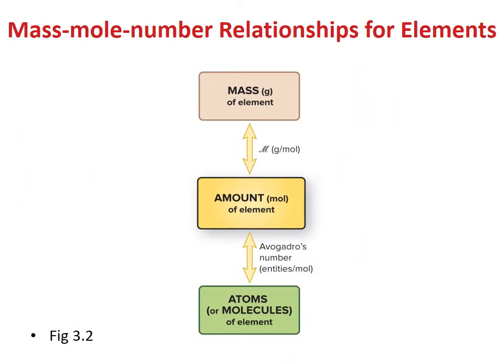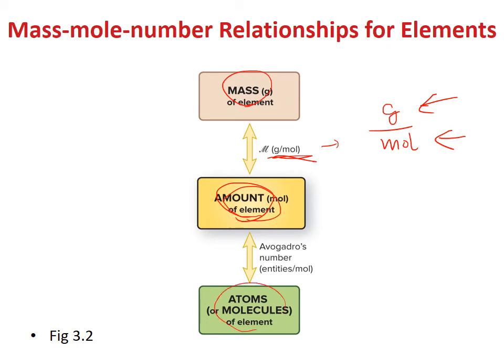As shown in the last slide, to convert between mass and number of moles, we use molar mass as a conversion factor. Molar mass is grams per mole. So we can convert between moles and grams. Now from number of moles to number of entities, it can be atoms or molecules, then we use Avogadro's number.